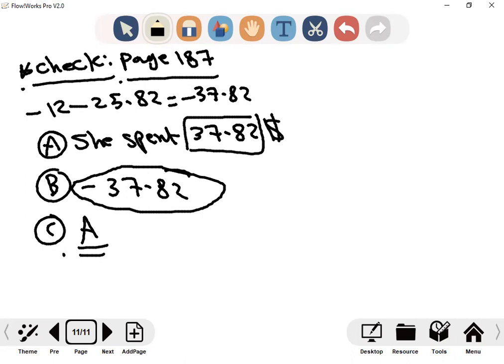We cannot say she spent negative 37 because the word spent means negative. Now ask me how much money I have. I have negative 3 riyals?